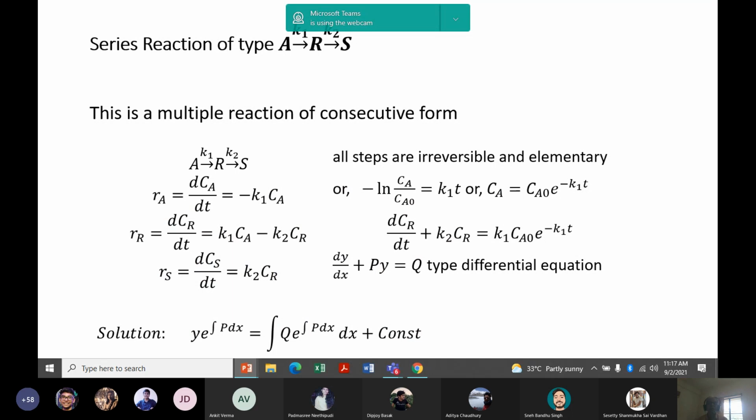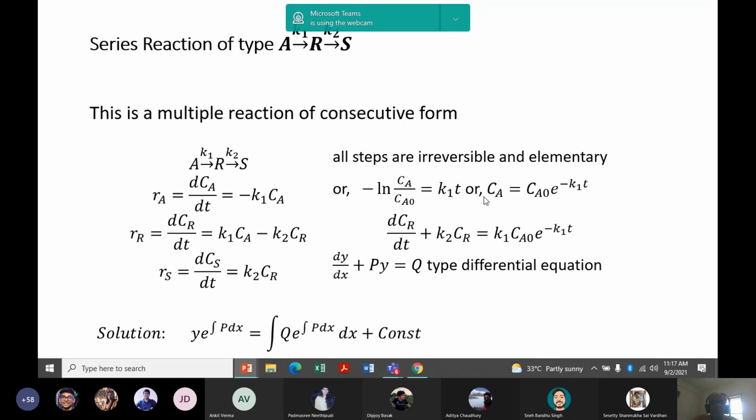And series reaction, I think this type you have already seen. It is a first order differential equation we can solve by the integrating factor, exponential of integral p dx, if the form is dy by dx plus py. Now, if it is a series reaction and K1, K2 are two different rate constants, K1 not equal to K2, then for the first reaction, formation of A to R, you will get Ca is equal to Ca0 e to the power minus K1t.